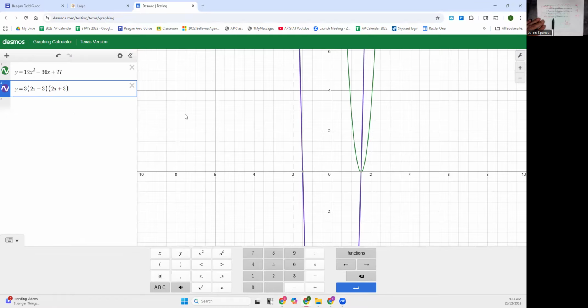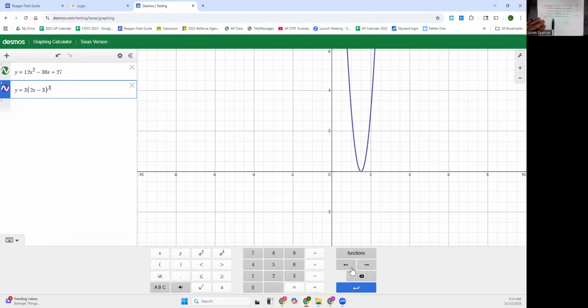Then we also go to C, and C is 3 times (2x minus 3), doesn't have this part right here. I go to the AB button and I press a 2. And I get the same graph, all right?